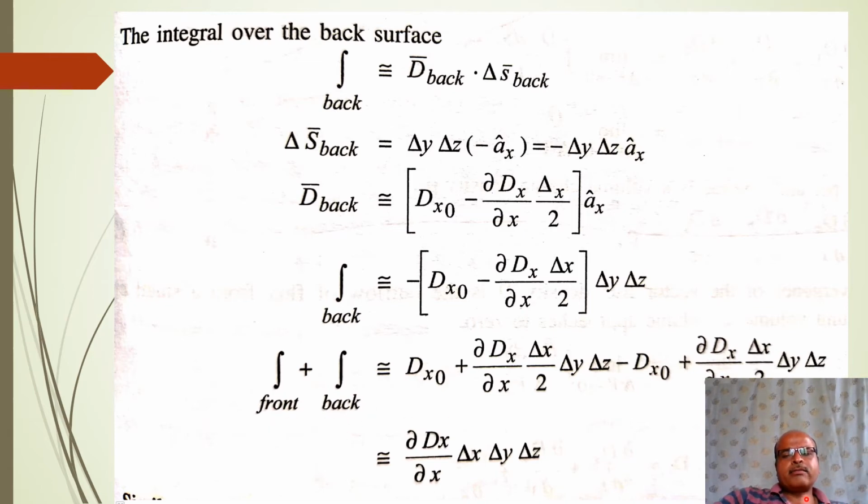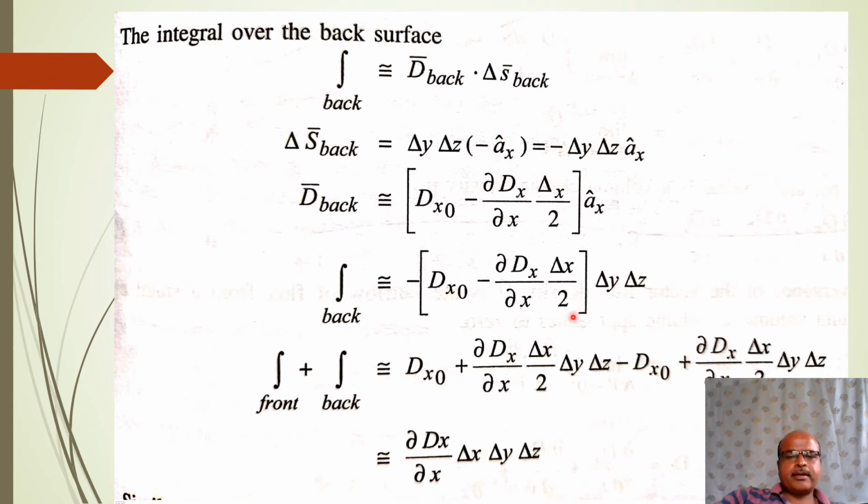Okay, therefore after getting integral back, we have to add the two integrals, that is integral front plus back. If we add them, we'll get the front equation we have already solved in the previous slide, that is dx0 plus dabba dx by dabba x into del x by 2 del y del z, minus dx0 minus dx0, the sign goes inside, so minus minus plus, plus del dx by del x into del x by 2 del y del z.